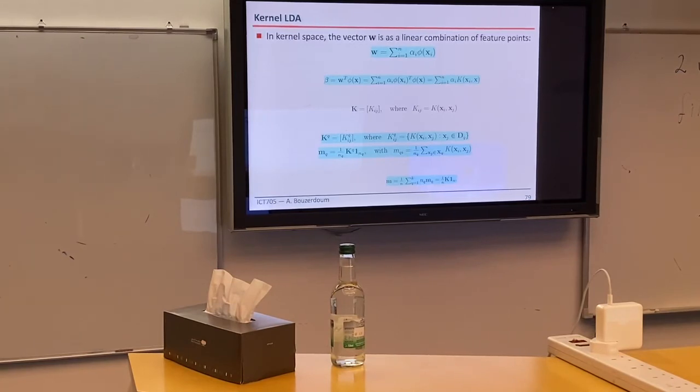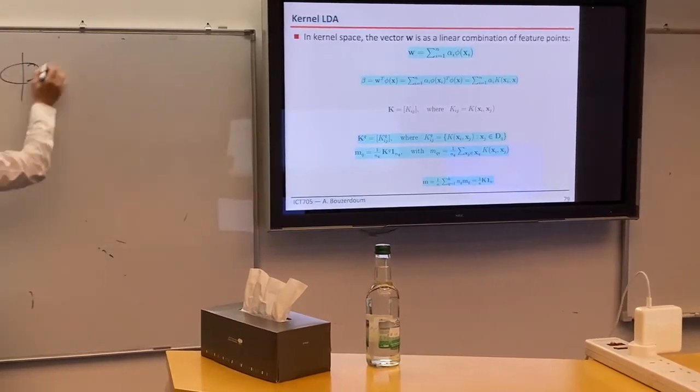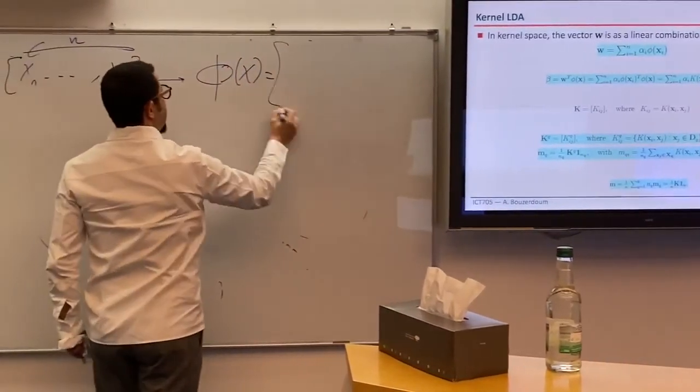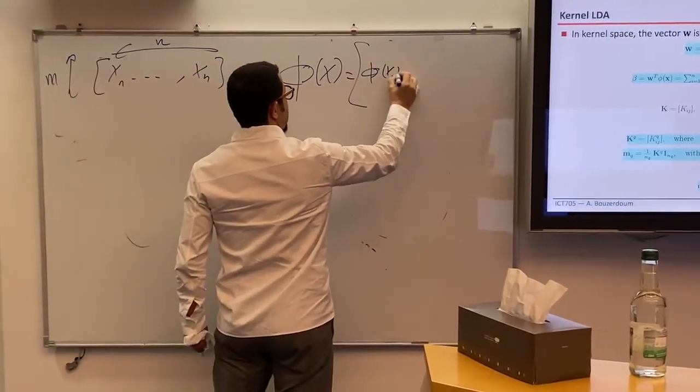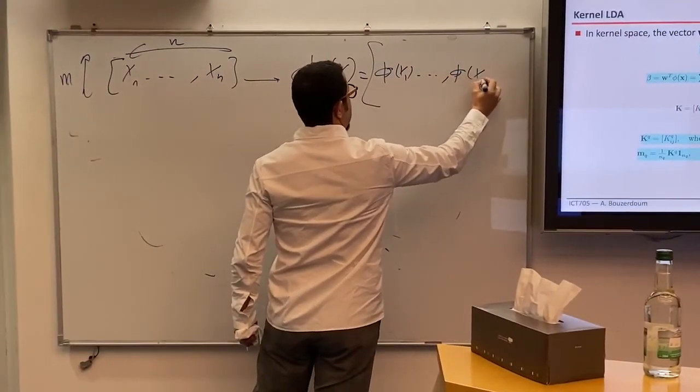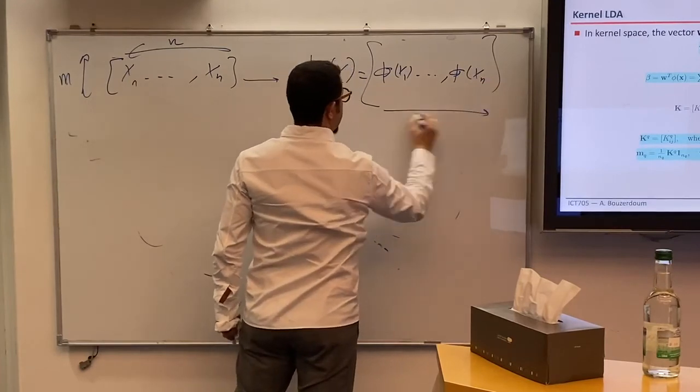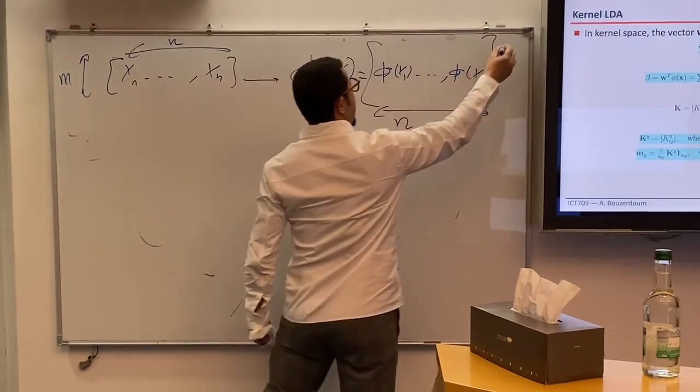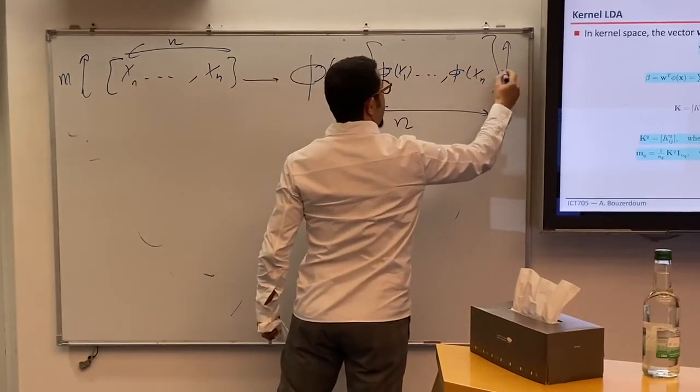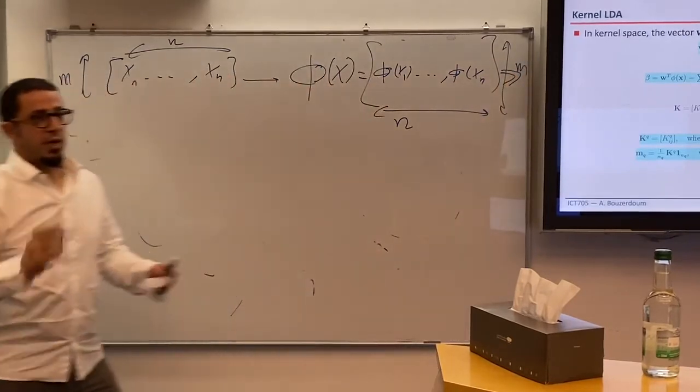The size here is n, the number of features. We go to the kernel, which is our matrix, phi x1 until phi of xn. What is the size here? N. The size here is something bigger than n, okay?